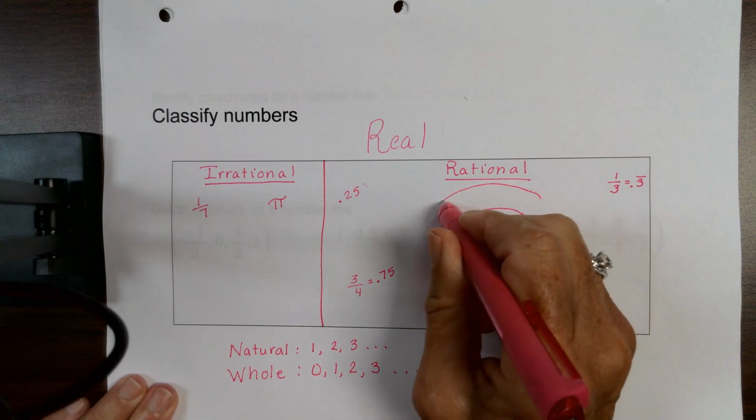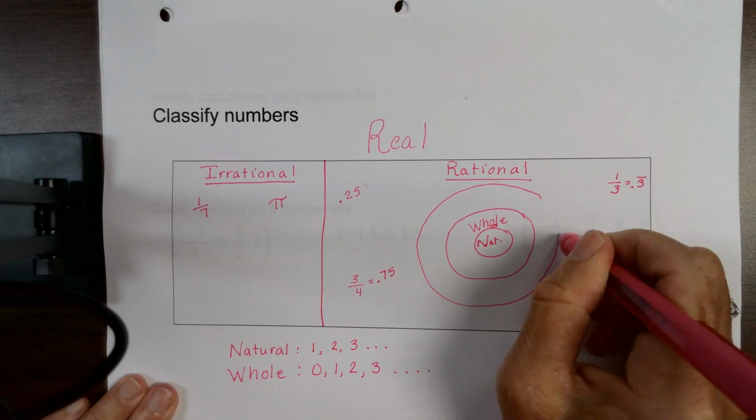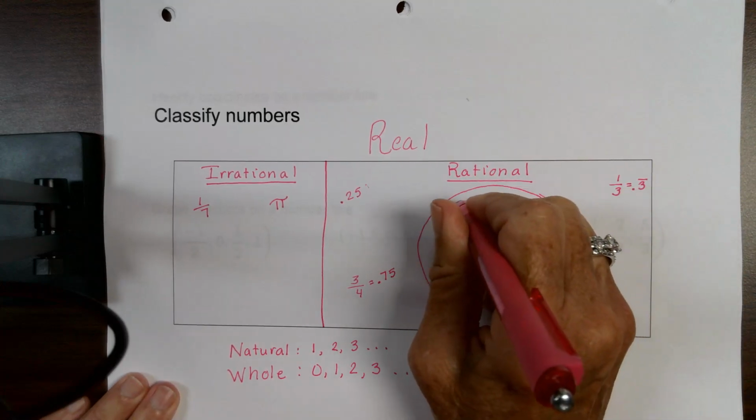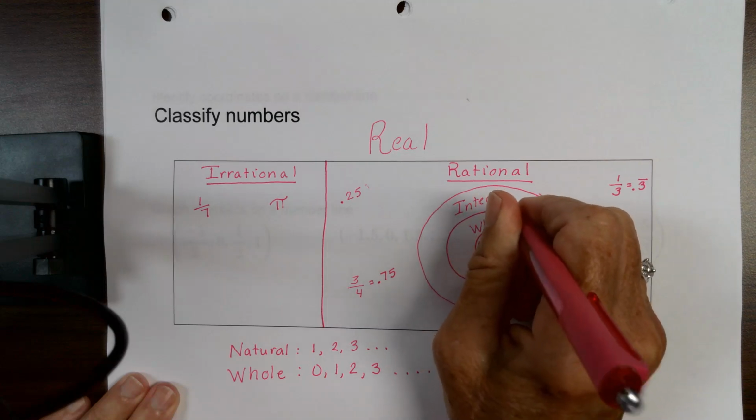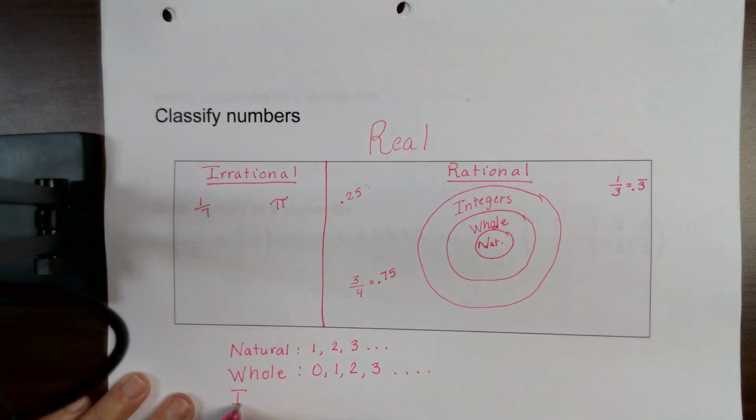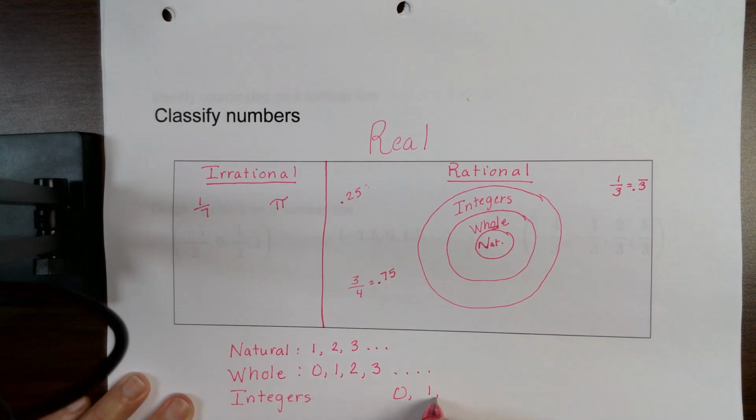Outside of whole numbers, we have a category called integers. Integers are positive and negative whole numbers. So not only do they include all the positive numbers, they include the negative numbers. And they continue on forever.